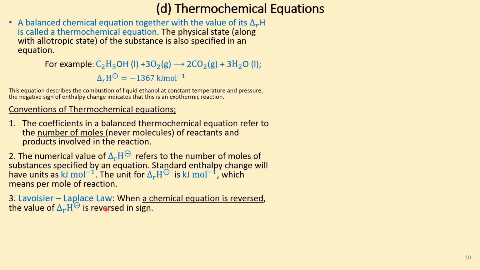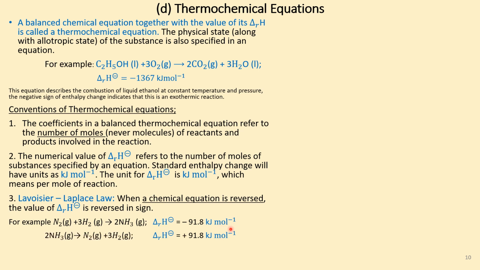Lavoisier and Laplace law. When a chemical equation is reversed, the value of delta rH° is reversed in sign. For example, N2 gas plus 3H2 gas combine to form 2NH3 gas, and its delta rH° value is minus 91.8 kilojoules per mole.